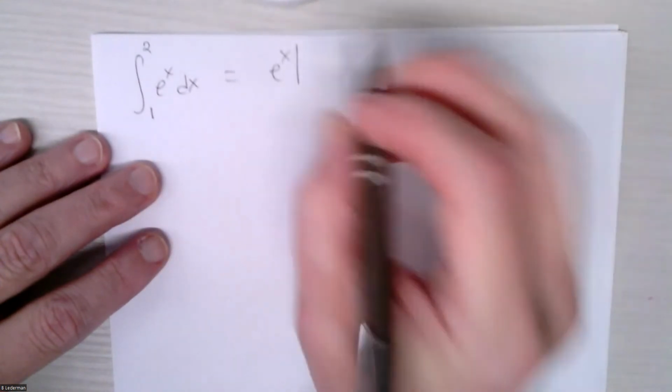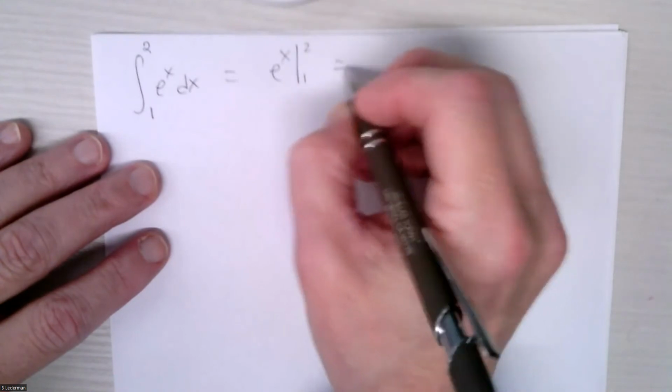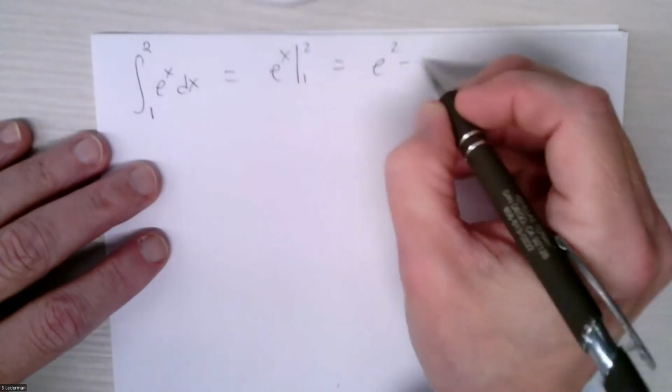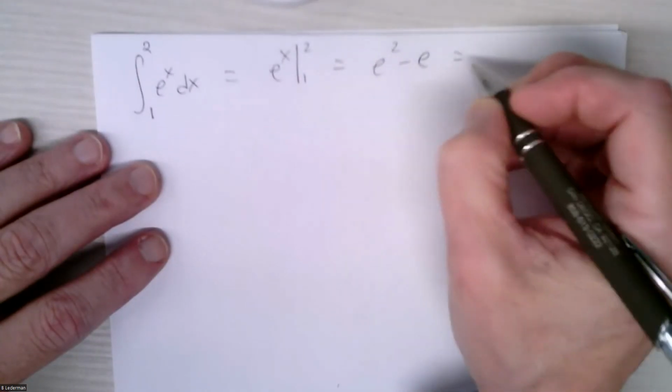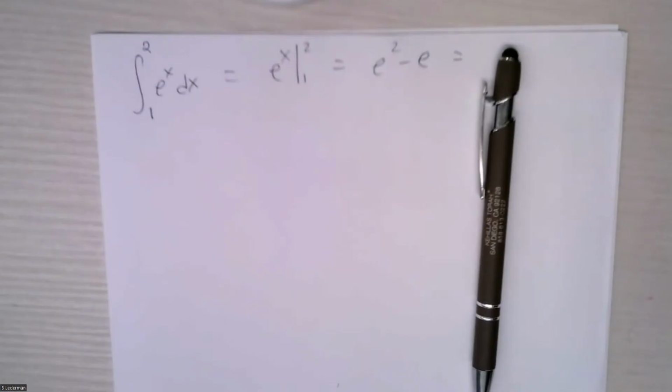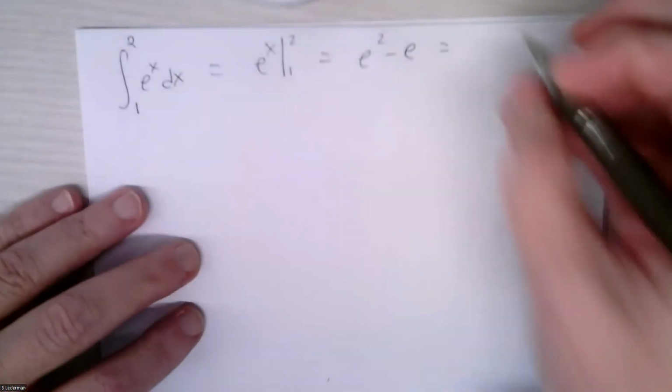I'm going to evaluate that between 1 and 2. So this is just going to equal e squared minus e, which is, let me look at a calculator what that is. E, let's see, 4.67.